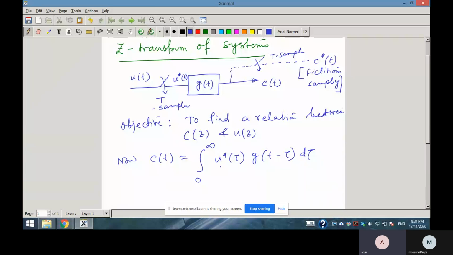Or you can also write the integral of u*(t minus tau) into g(tau) d tau. That also you can write, the same thing.